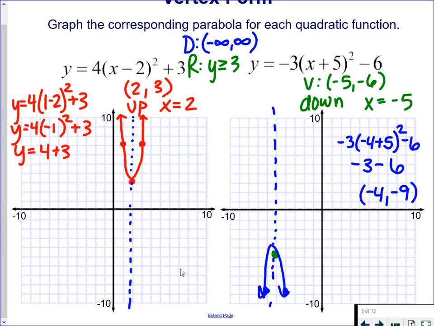My domain, -infinity to +infinity. My range, however, is what? Yeah. Y is less than or equal to -6. So the good news is that the Y value of our vertex is going to be right there, part of our answer with range. Okay.